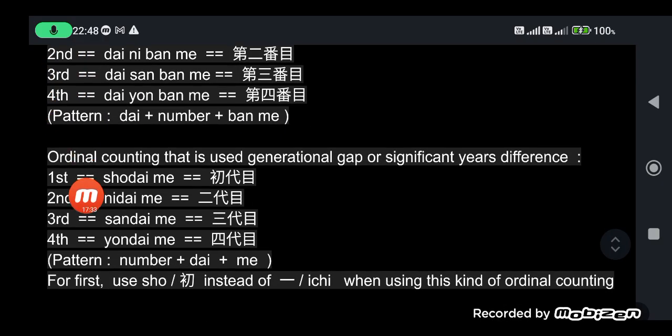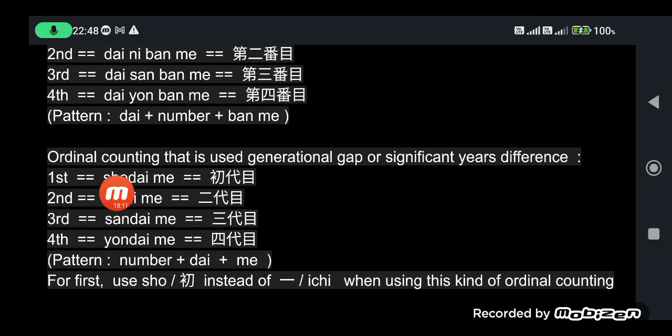And the ordinal counting that is used for generational gap or significant years of difference. Let's say first, shodaime. Second, nidaime. And take note, minasan, the dai in the first set and the dai in the second set totally differ, because the kanji in the first set is used to mean ordinal number, and the kanji used in the second set denotes generation.